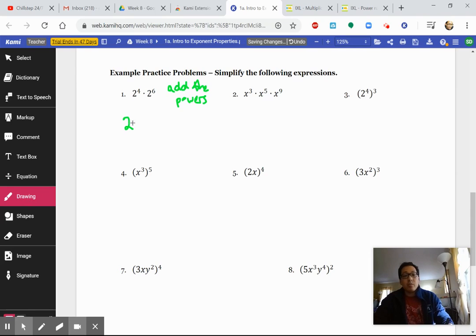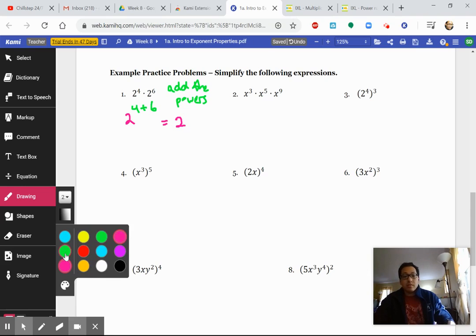I can just say, this is going to be the base of 2 to the 4 plus 6 power. I guess I should have stuck with my colors there. Four plus 6. So that's going to be 2 to the power of, what's 4 plus 6? 10. 2 to the power of 10.